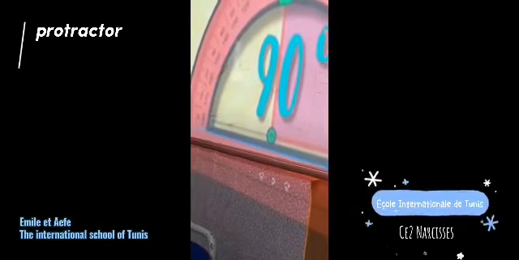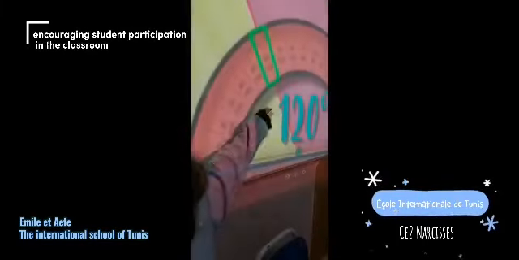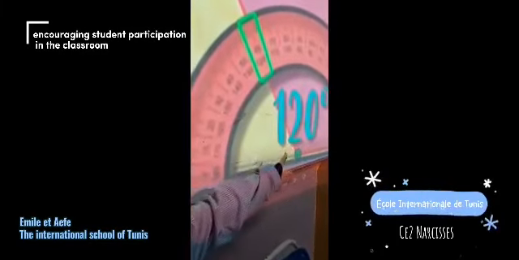So it's a right angle. Good. This is an acute angle. This angle measures 120 degrees, which is called an obtuse angle. This is an acute angle. It's an obtuse angle. This is a right angle. This is an acute angle.